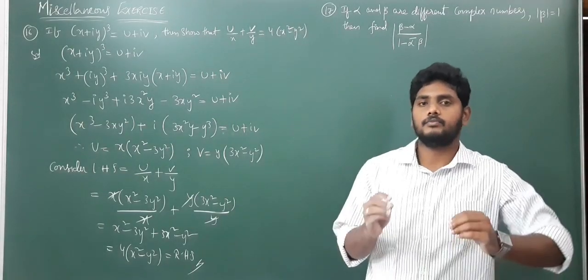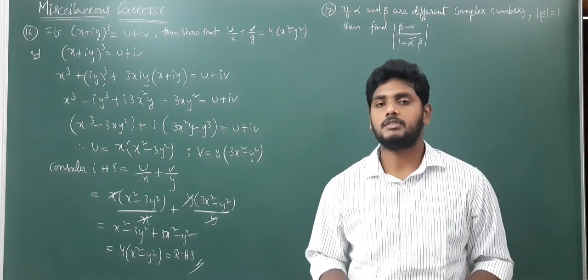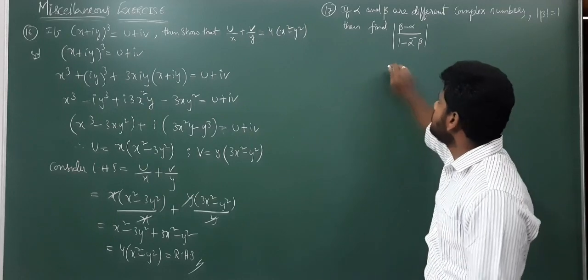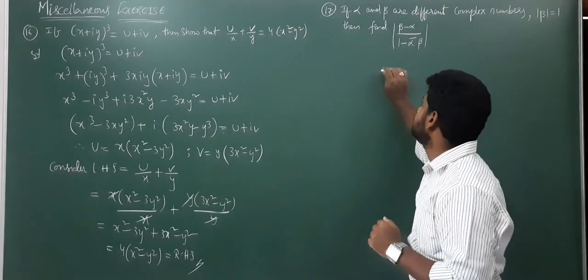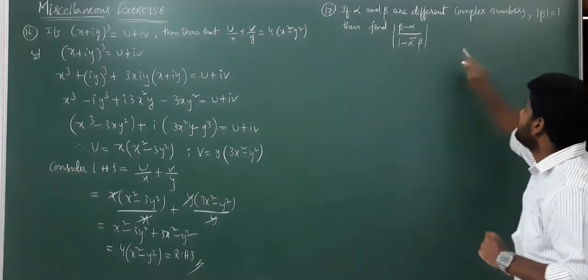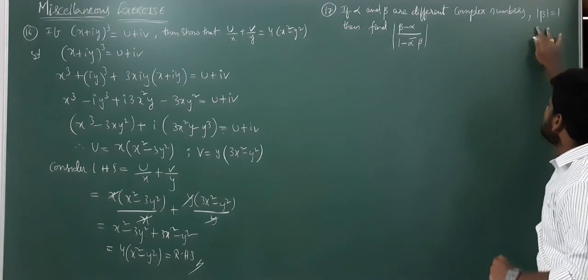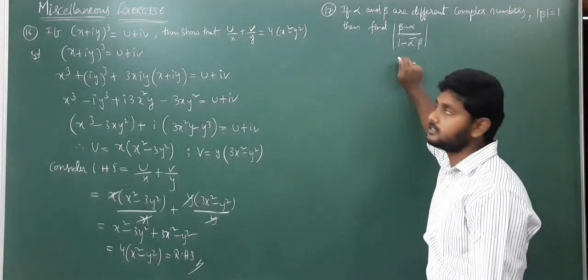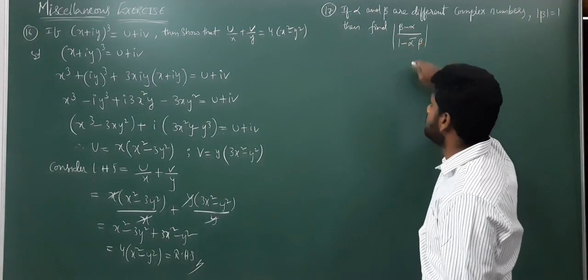Now when it comes to a different question in that miscellaneous exercise, that is question number 17. This type of question they will ask in CET also. If alpha and beta are different complex numbers and modulus of beta is equal to 1, then find this LHS. Again, this is also in terms of modulus.